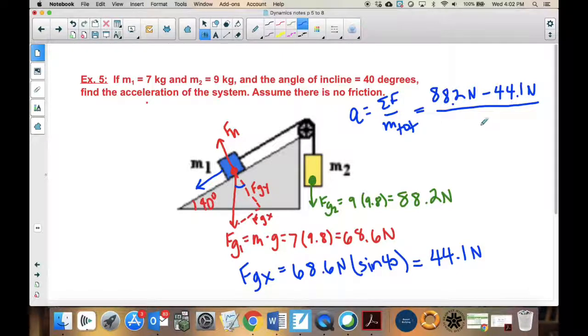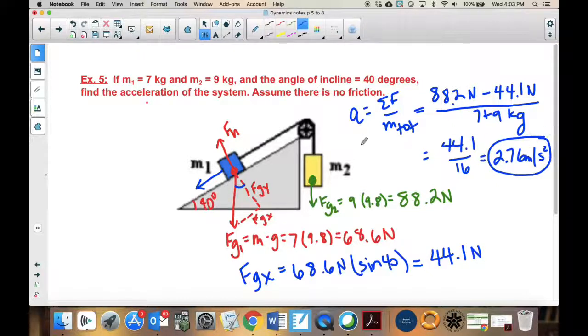Our total mass is 7 plus 9 kilograms, or 16 kilograms. When we do our subtraction, and again we have estimated with our decimals here, we have 44.1 divided by 16, and that comes out to be 2.756, or we can call that 2.76 meters per second squared.